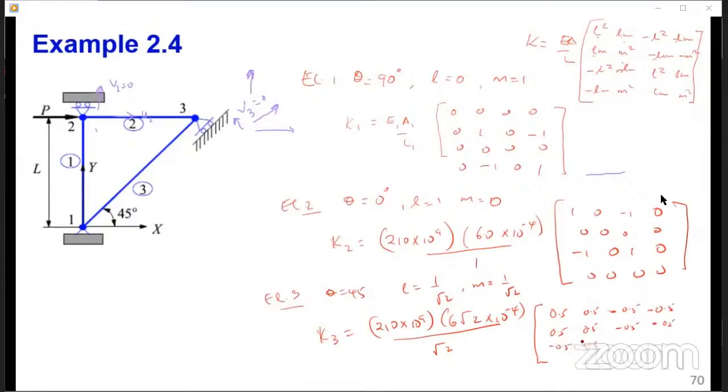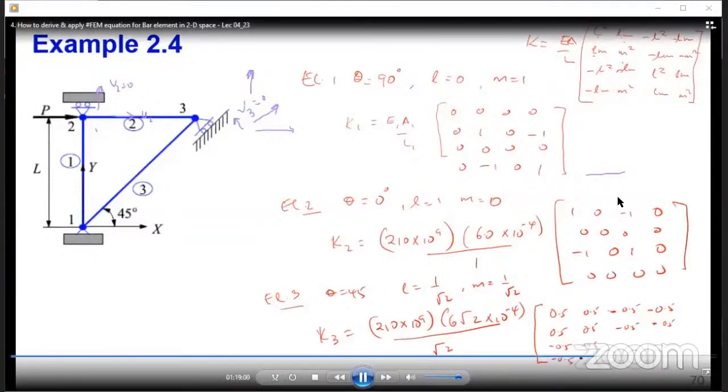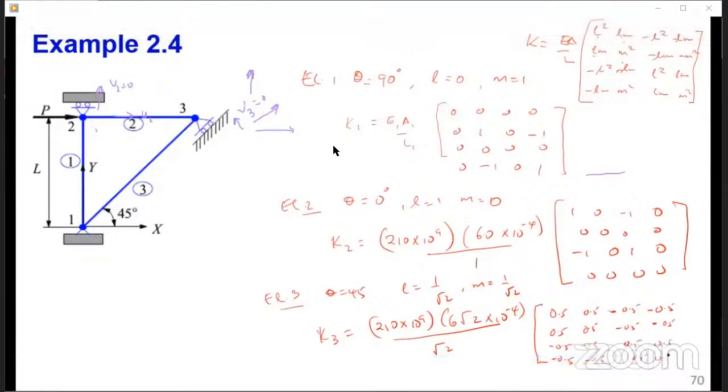So I could have even factored out a half, to half of 1, 1, minus 1, 1 like that. For some reason, that won't be done. So it means you can go further and simplify these.